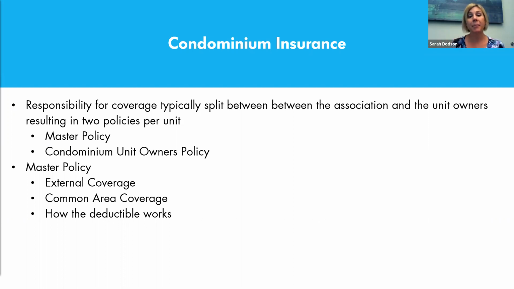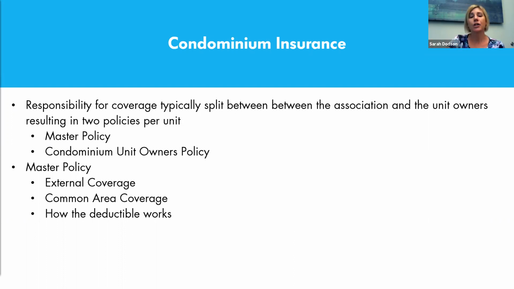Or let's say a bicycle is stolen from a bike storage room. Because it's a common bike storage area, and that bike is stolen from the common area, that would fall under the master policy coverage and not the individual owner.